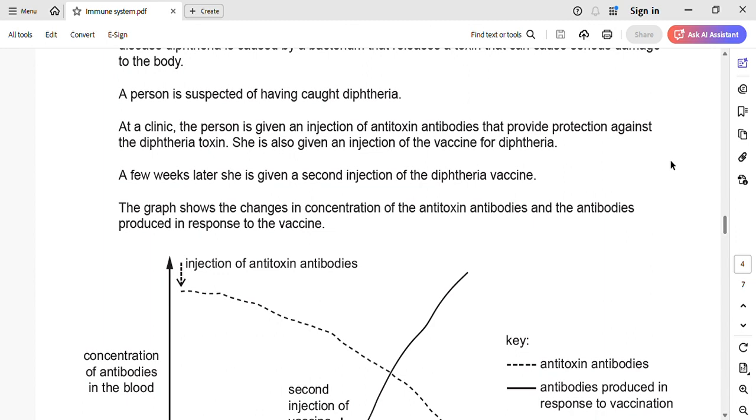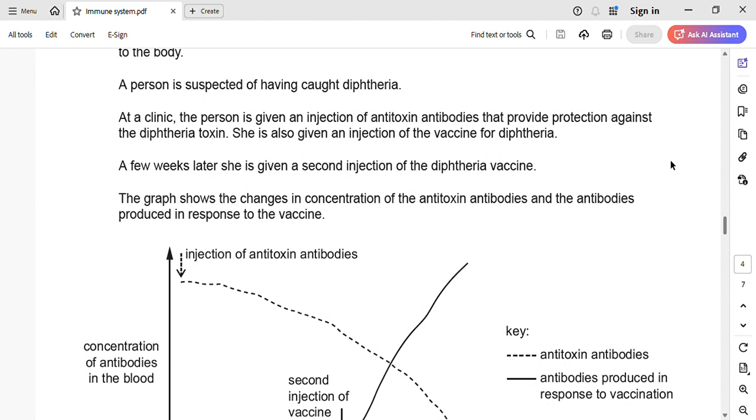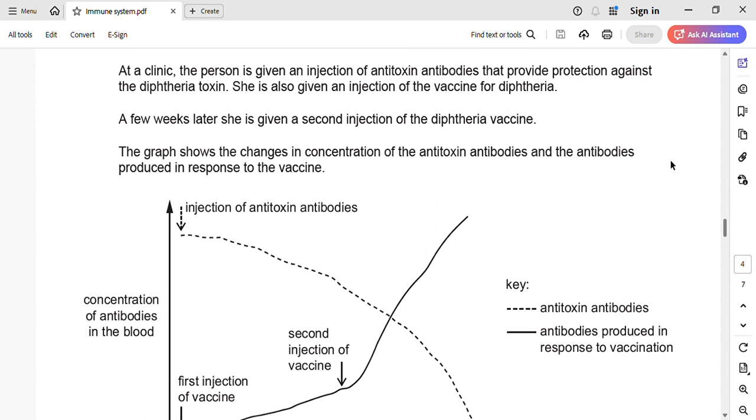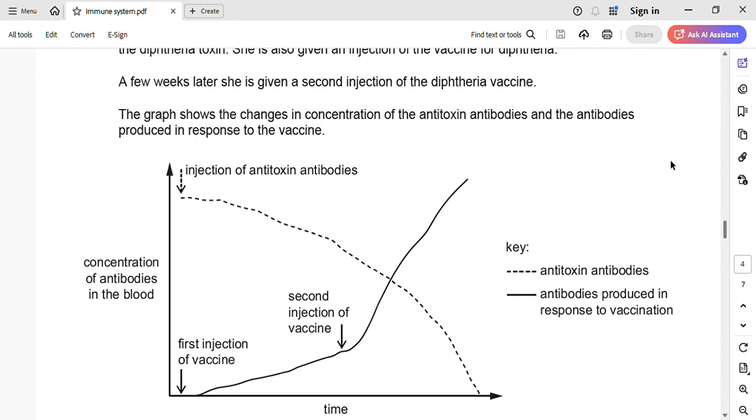The person is given an injection of antitoxin antibodies that provide protection against the diphtheria toxin. She is also given an injection of the vaccine for diphtheria because we know vaccines take time to work, whereas antitoxin will work immediately. That's why, and here the graph is also given.